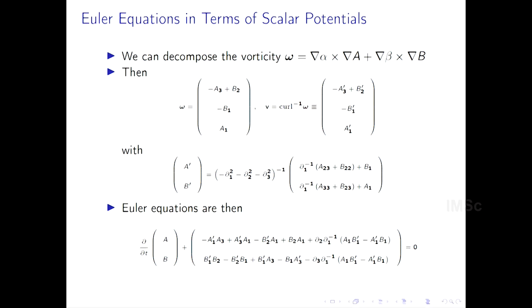And now the velocity, which is the inverse of the curl, you have to actually calculate out. And so the scalar potentials of velocity are related to the scalar potentials of vorticity through this integral operator. So this thing here is the Green's function of the Laplacian, and so on. So it's a fairly straightforward thing. And you combine all this, and you can indeed write Euler equations in this way.